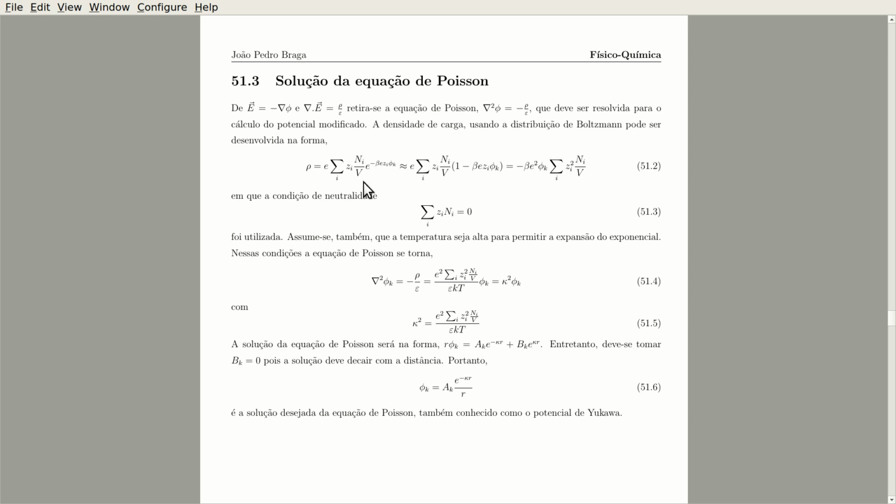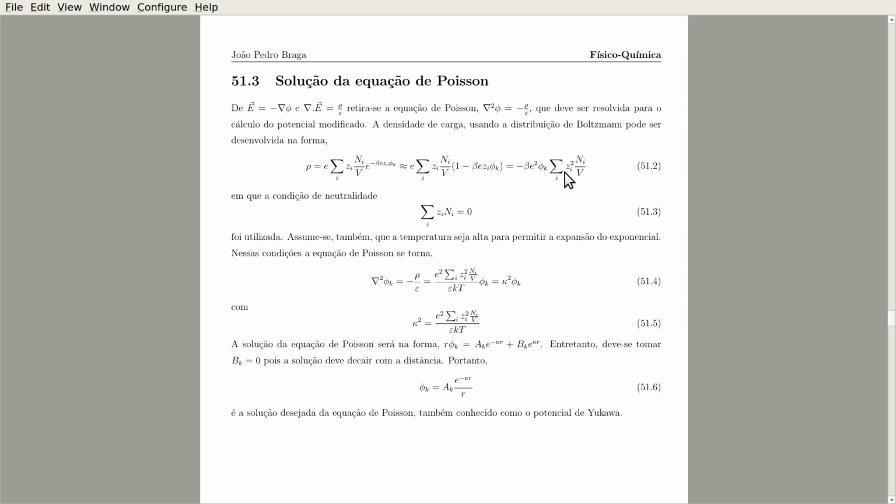This is the charge density. But since I'm considering high temperatures, I can make a Taylor expansion, and at this point I'm going to use the charge neutrality that I have talked about before. The amount of charge is conserved, so the first term here is 0, and we end up with this expression.